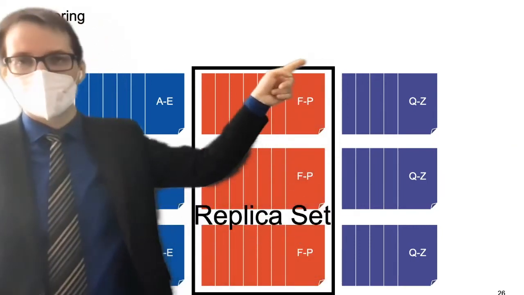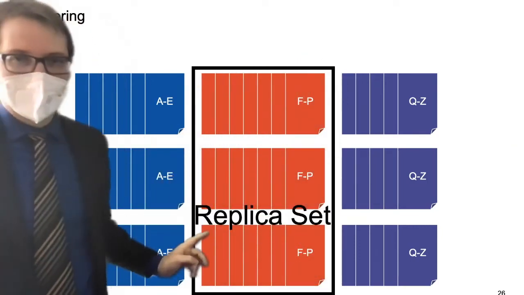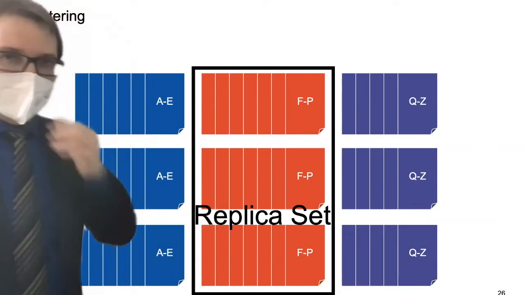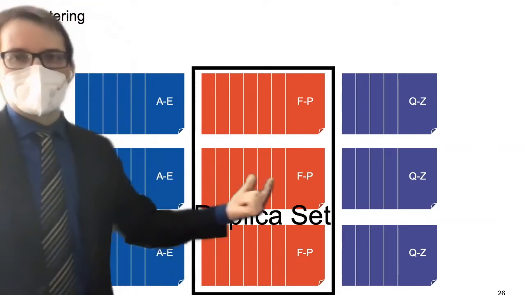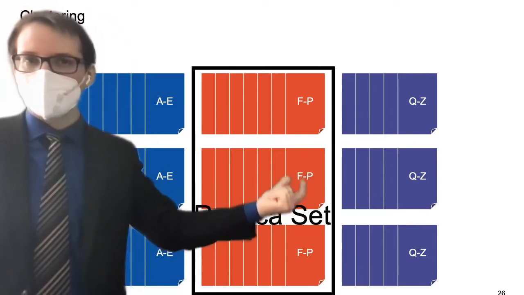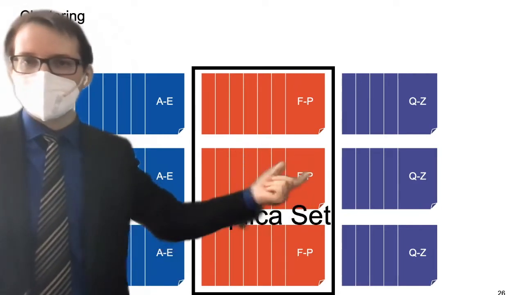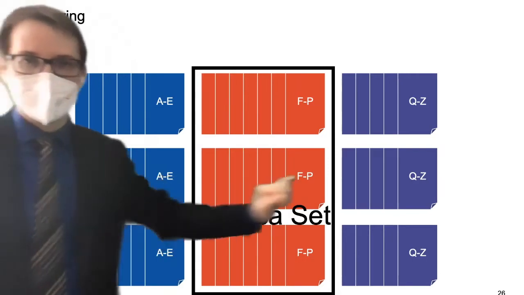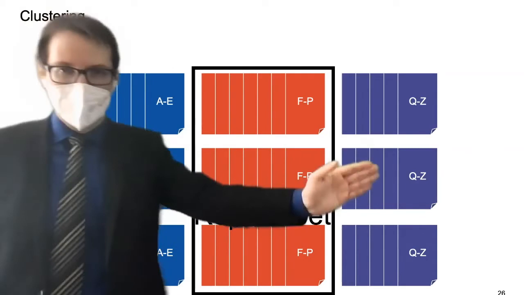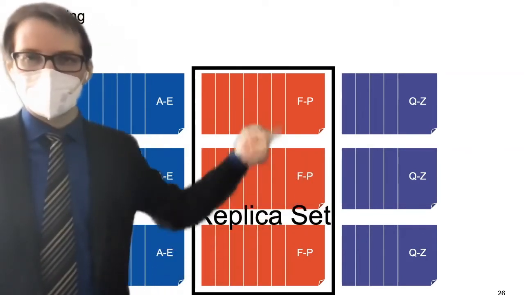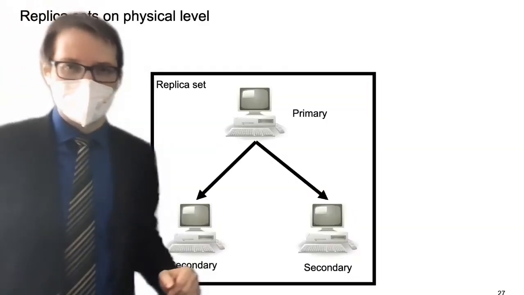It's the machine that should store the shards that they call a replica set. So you have a replica set, and maybe the replica set is going to handle F to P, right? For a specific part of your collection, if there is a key somewhere, F to P is in that replica set, A to E is here, and Q to Z is here. So here we have 3 replica sets, and in each replica set, you have several replicas of the same shard.